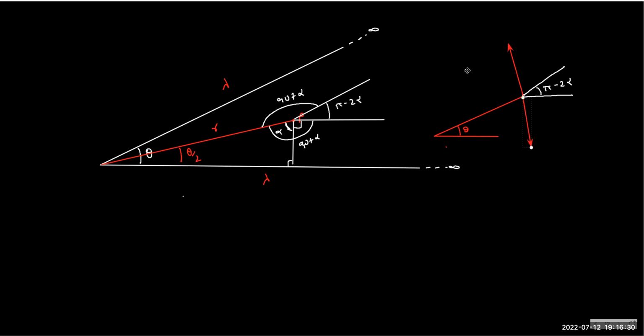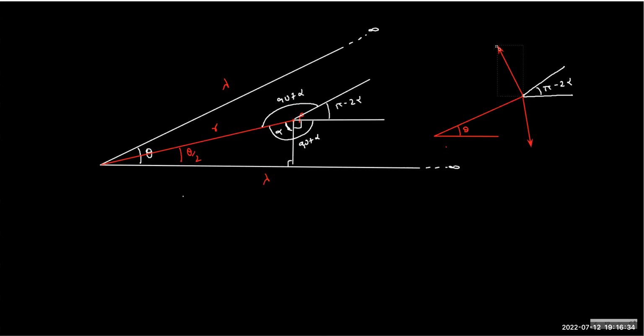If it is the bisector, how much will this be? 90 plus alpha by 2. This is also going to be 90 plus alpha by 2.